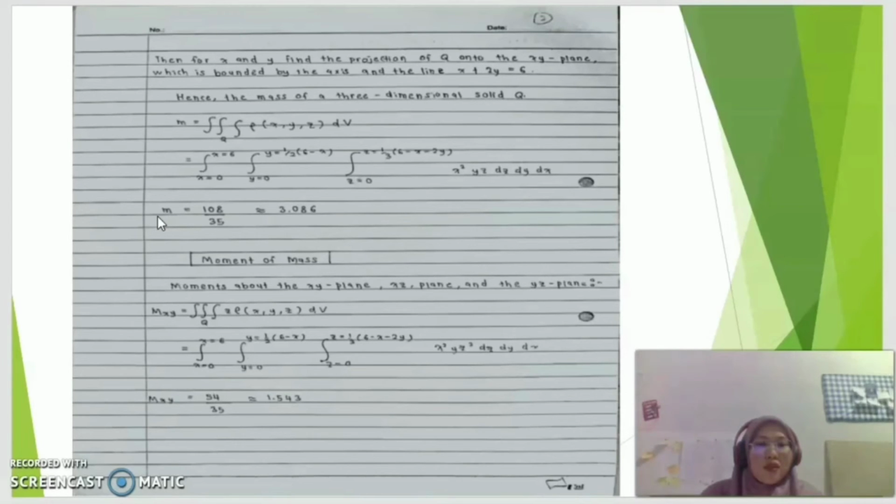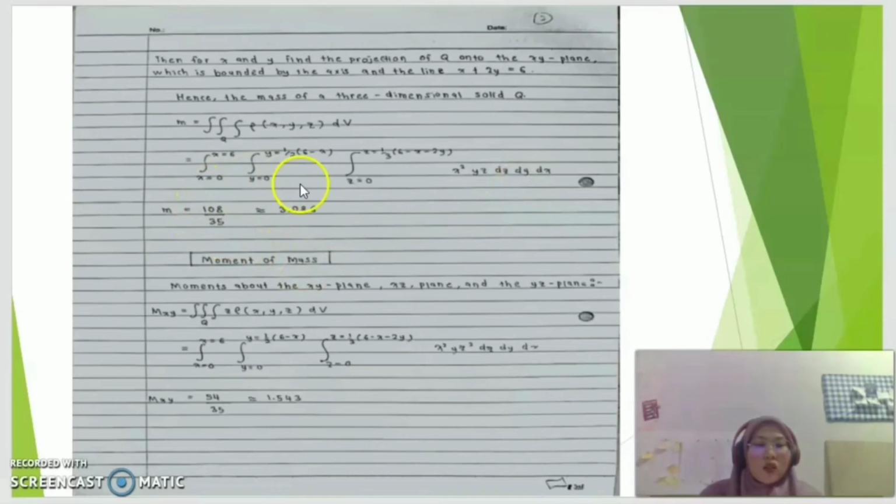Hence, the mass of the three-dimensional solid Q is calculated by the triple integral of rho(x, y, z) dV, where x1 = 0, x2 = 6, y1 = 0, y2 = 1/2 times (6 − x), and z1 = 0, z2 = 1/3 times (6 − x − 2y), integrating x²yz dz dy dx.